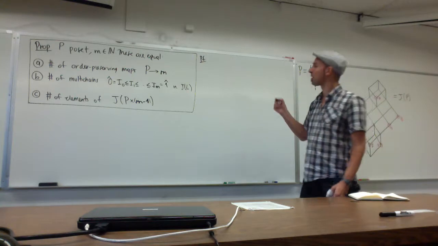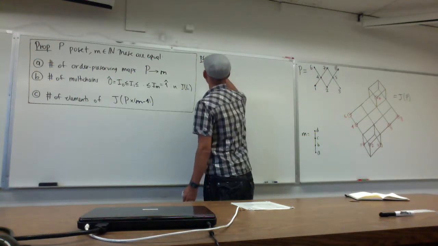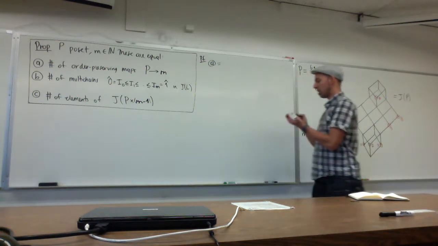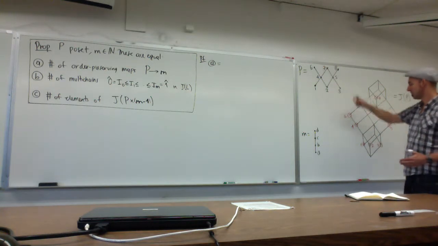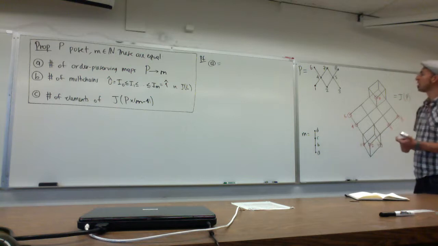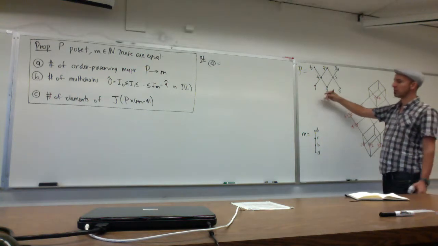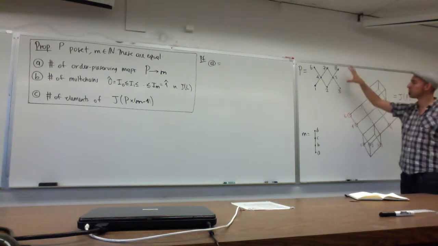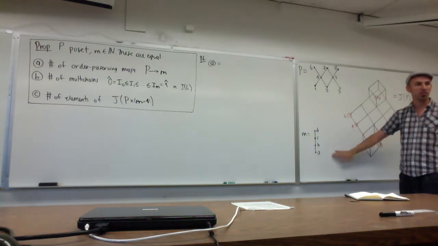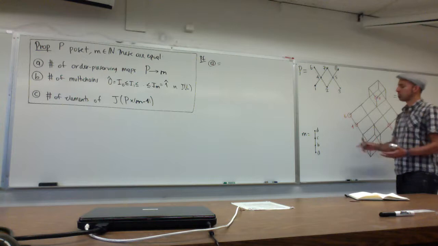So what's the first count? Well, we're going to map P to this chain. Each one of the elements of P gets assigned one of the elements of the chain. So who gets A?